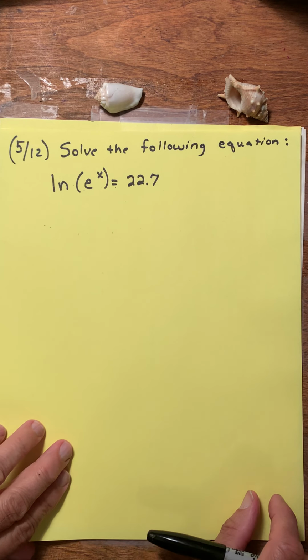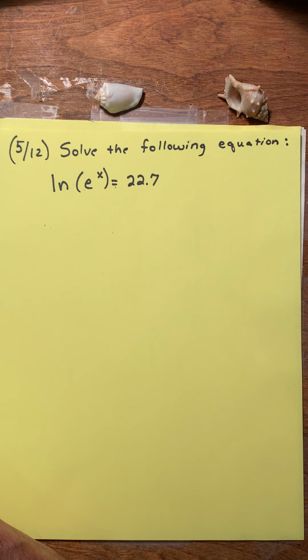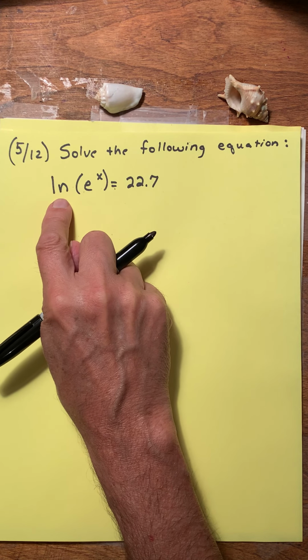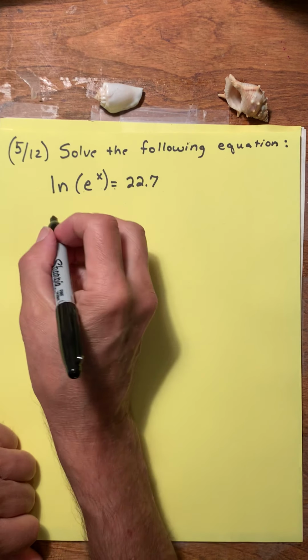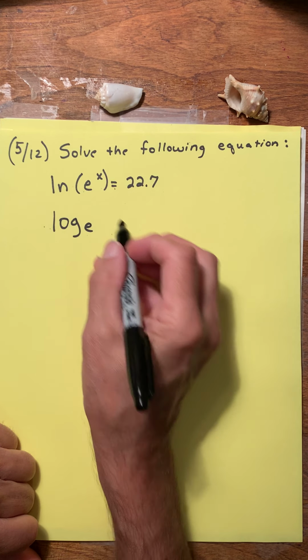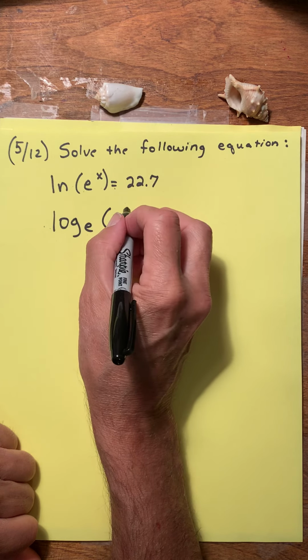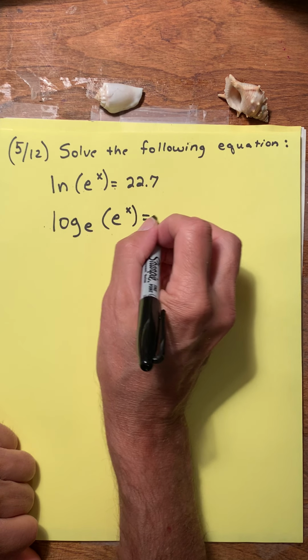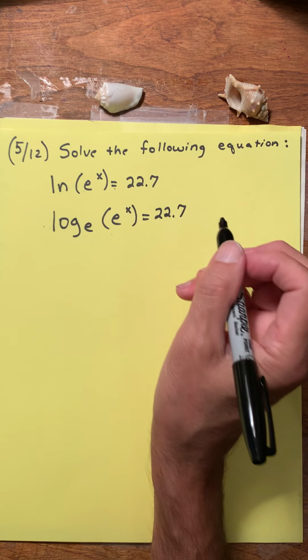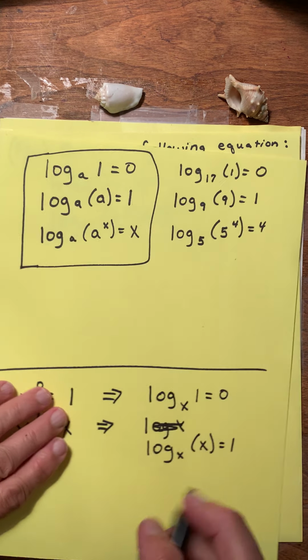All right, next one. Solve the following equation. Hey, this looks familiar. If I re-express natural log as log base e of e to the x equal 22.7, I want you to look here.